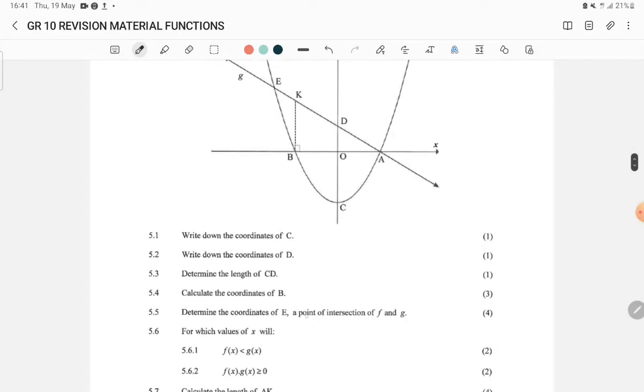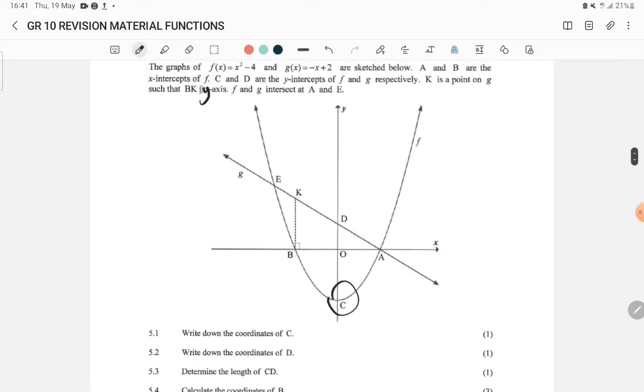Now, question number 1, it asks: what are the coordinates of C? Remember that C is the y-intercept of the graph of f. So when we are looking for the coordinates of C, we have to use the equation of f, which is this one, f of x.